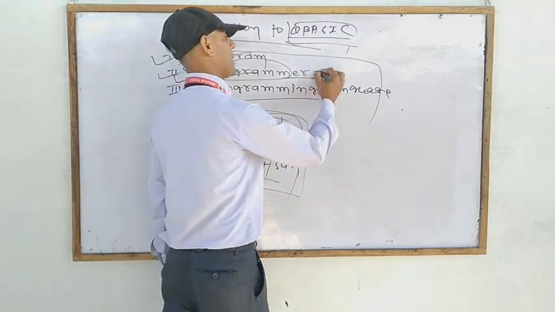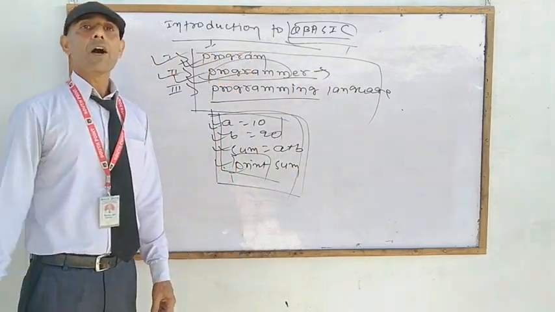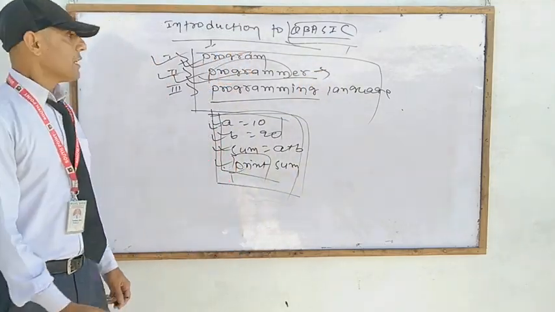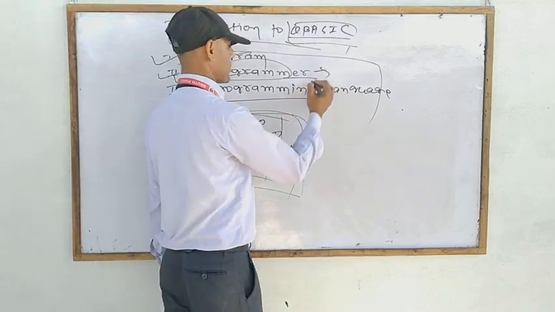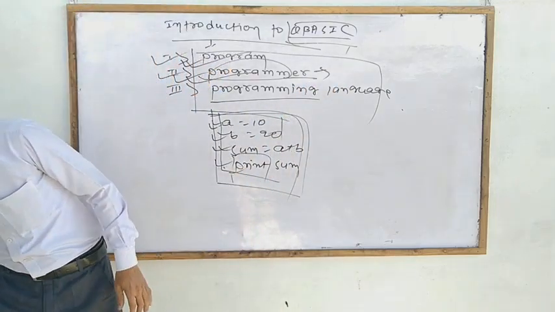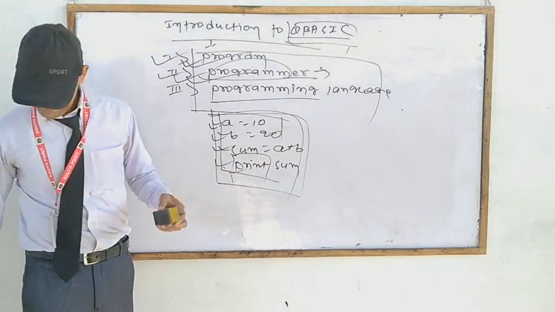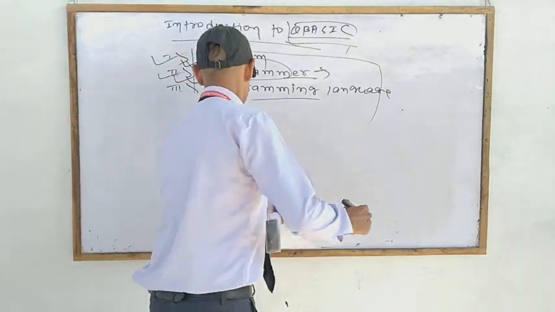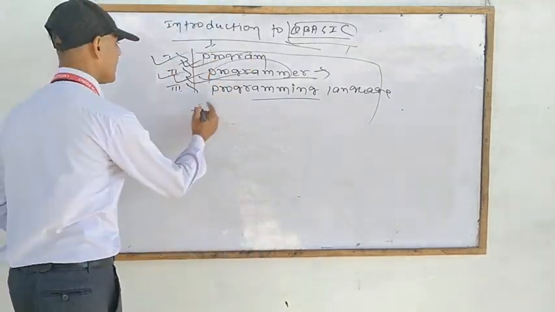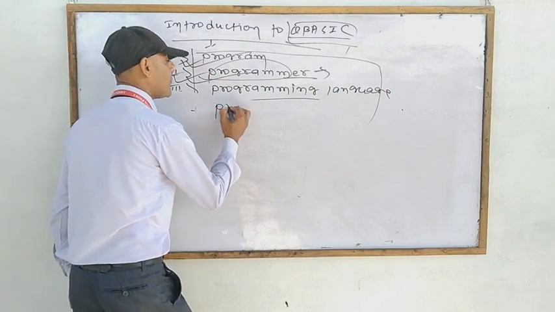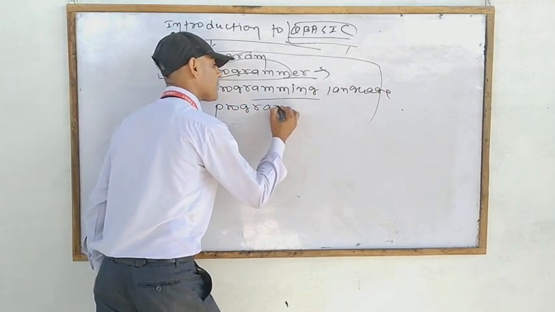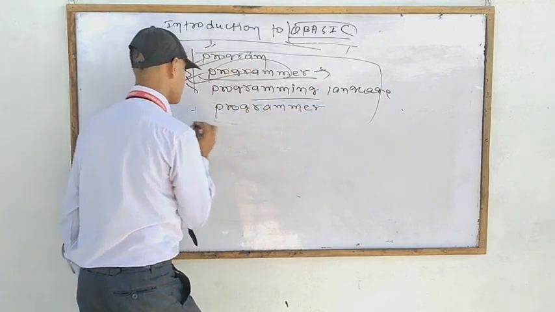There are two types of programmers. One is the system programmer, other is the application programmer. Now, let's discuss the computer programmer.